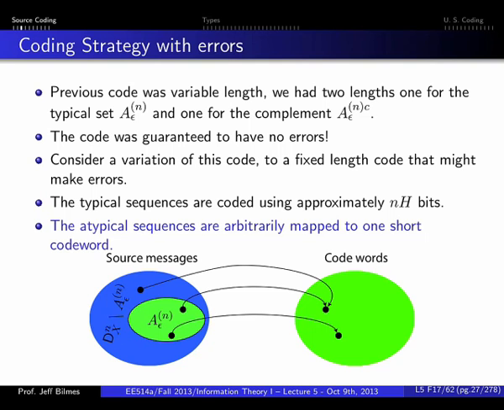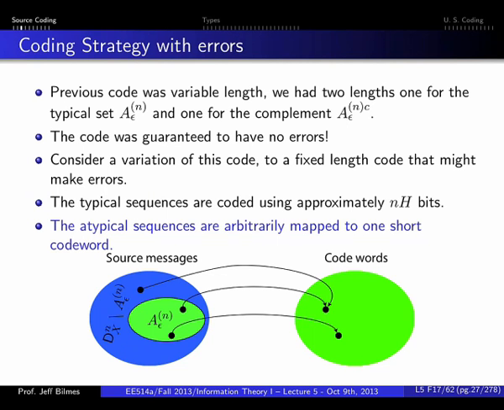So what we could do is something like this. We could say the typical set is encoded to a code word, and then every one of the atypical sequences is also encoded to one of the code words which has already been given to one of the typical set sequences.